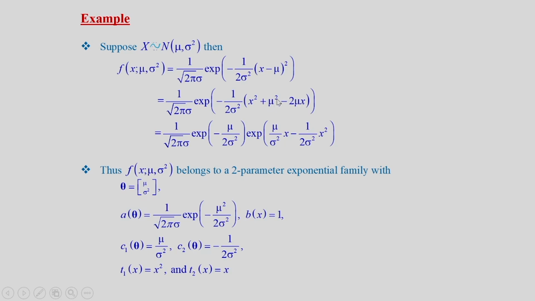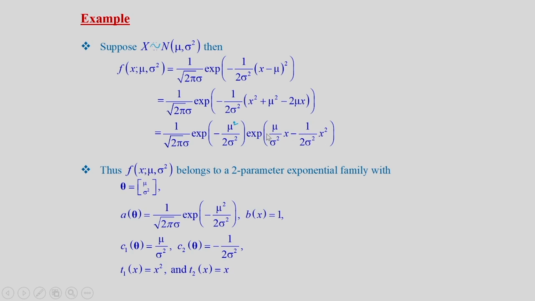Now, this mu square term we can take outside. So, that way it will be 1 by root over 2 pi sigma into exponential minus mu square by 2 sigma square into exponential of mu by sigma square x, this part, minus, because of this minus sign, 1 by 2 sigma square into x square.